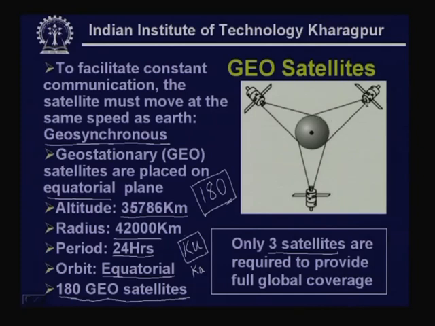So, if one satellite covers 1/3 of the surface of earth, then by using 3 satellites the entire earth can be covered. In other words, with the help of 3 geostationary satellites, it is possible to have global communication from any place on the earth to any other place on the earth.